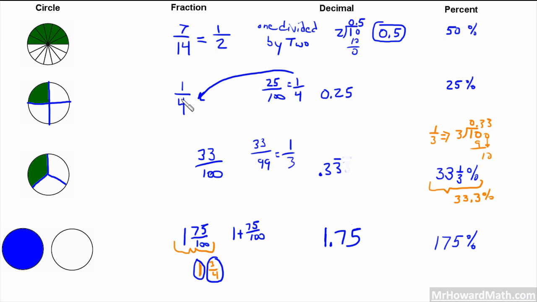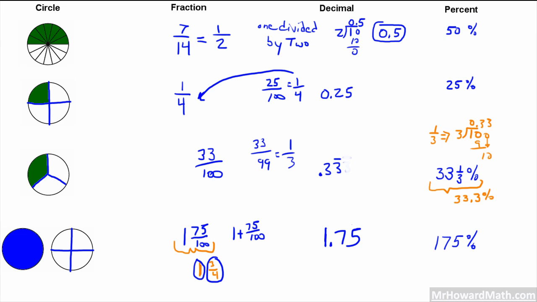So same way we attacked all of these, the denominator is the number of pieces it's split into. That's 4. Split that into 4 pieces. And then the numerator, the top number, is the number of pieces of that whole that are going to be shaded, in this case, which is how many? 3, right? So let's shade 3 of these.